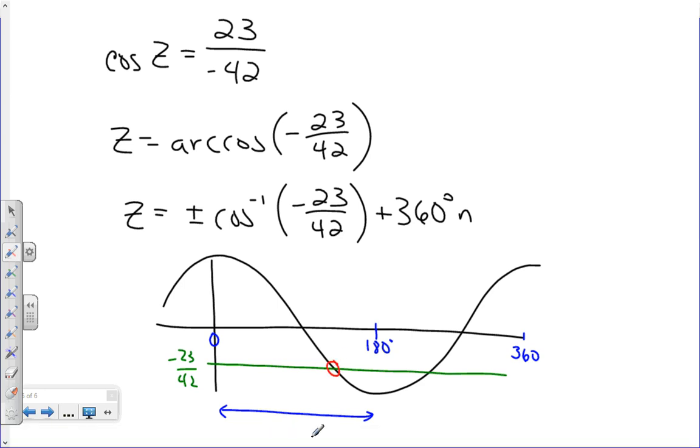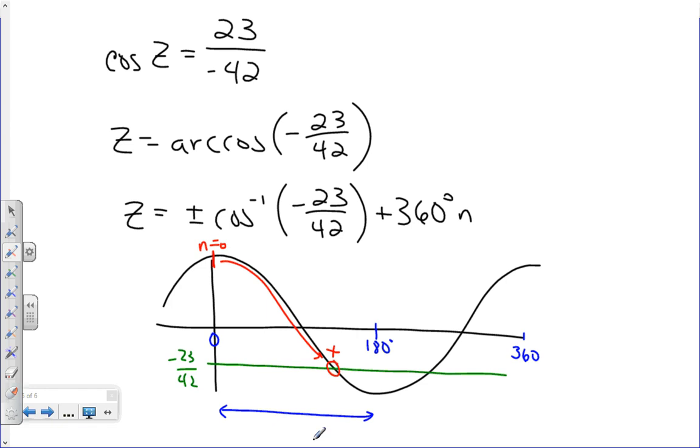So here's where n is equal to 0, and we move forward from there to find this solution, which is our positive cosine inverse solution. So we'll use n equals 0, and we're going to use the positive part of this.